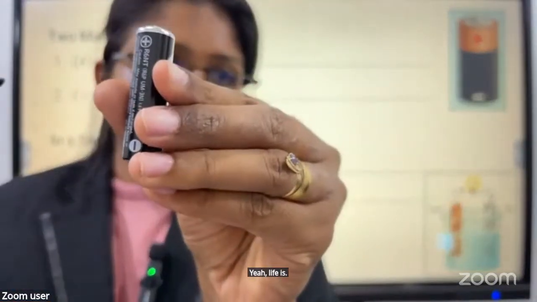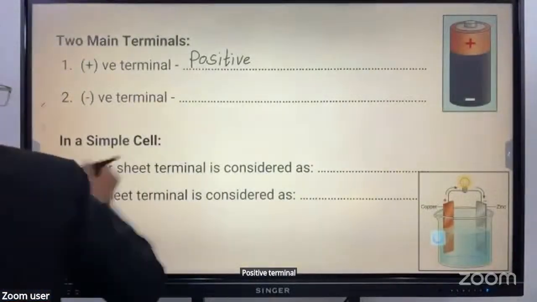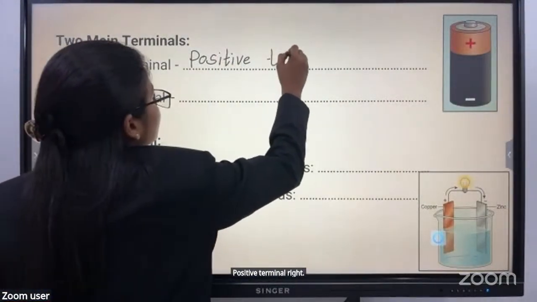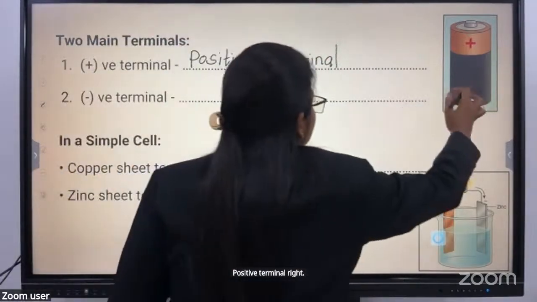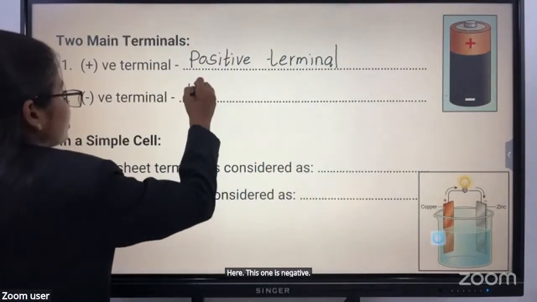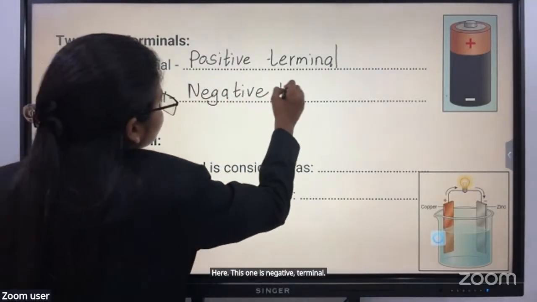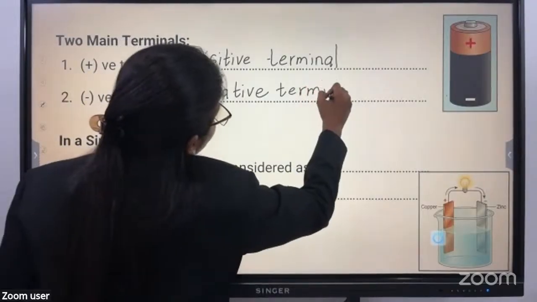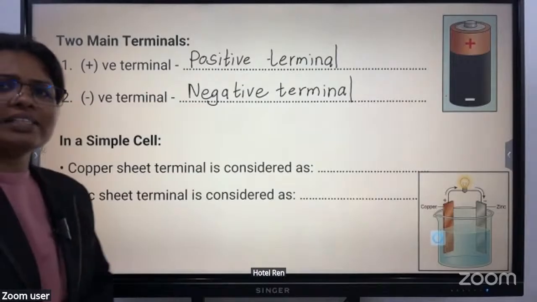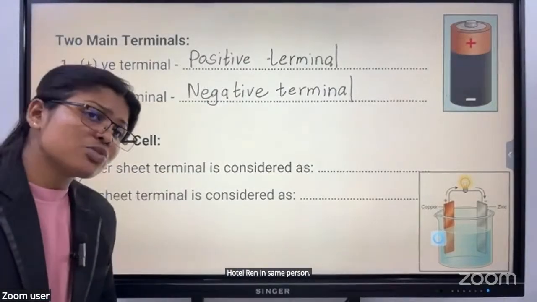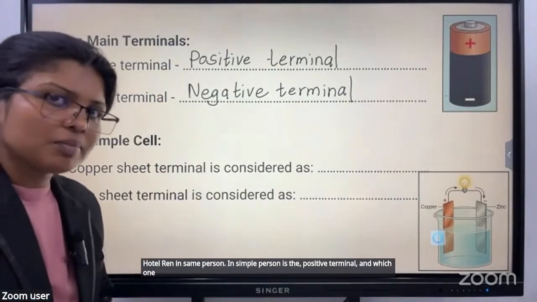And this one is the negative terminal. So children, in a simple cell, which one is the positive terminal and which one is the negative terminal?